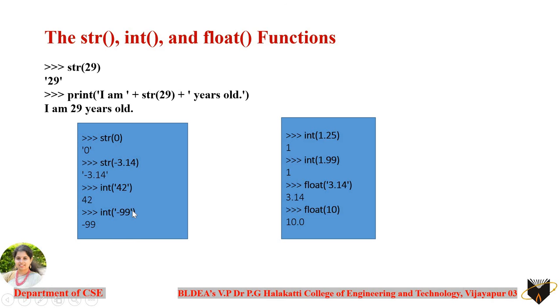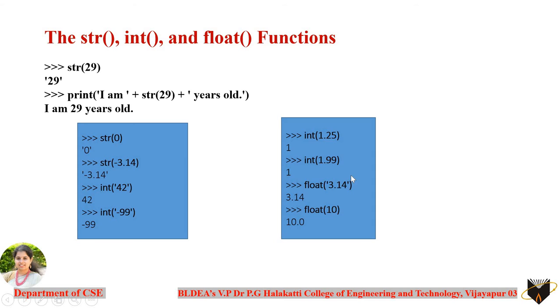Even though it is in single quotes as a string, you can convert it into an integer. Similarly, in the next one you can see int of 1.25. 1.25 is a float value that is converted into an integer by truncating the decimal part. Int of 1.99: you can see it is not rounded off, it just truncates the decimal part and displays only the integer part.